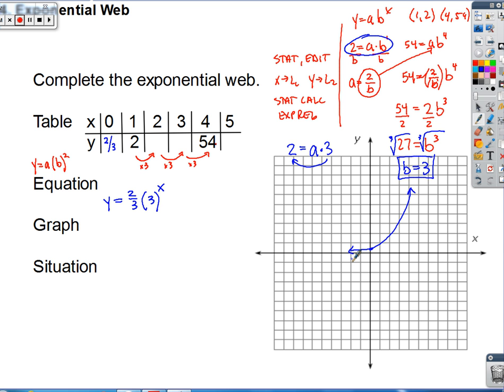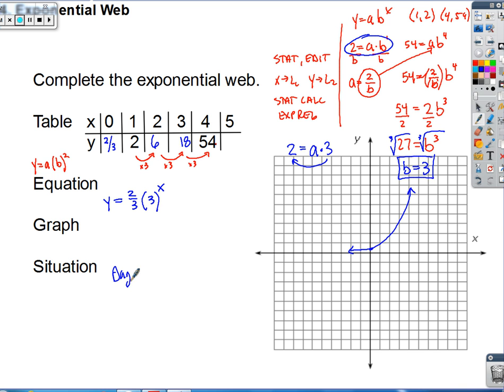And you can plot some points from your table. So we have 6, we have 18. And then for the situation, you want to say something that starts at 2/3. Or you don't have to say starts at 2/3. You could say on day 1, which would probably make it easier.